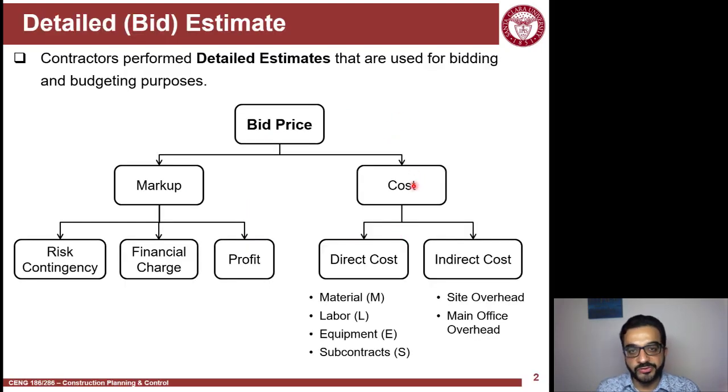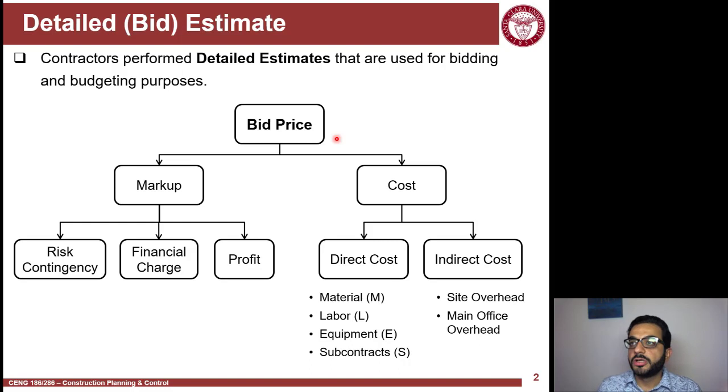In the previous video we learned about the rough order of magnitude, which some people also call a preliminary estimate, but detailed estimate, from its name, means you really pay attention to every detail of the estimate in terms of the quantity and also what makes up the cost.